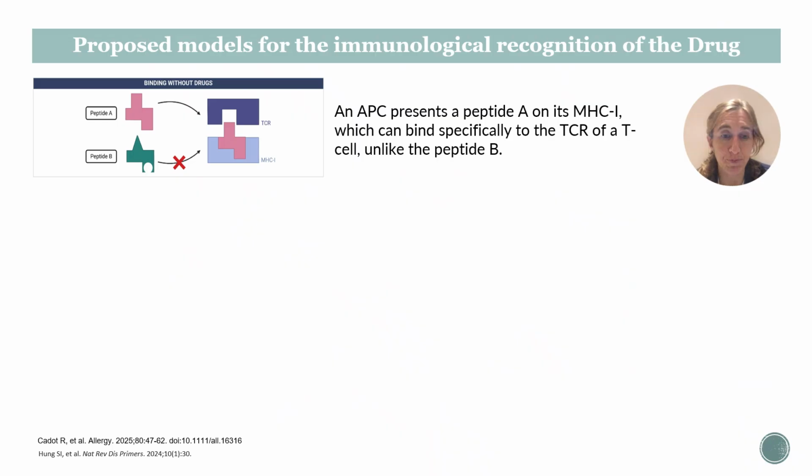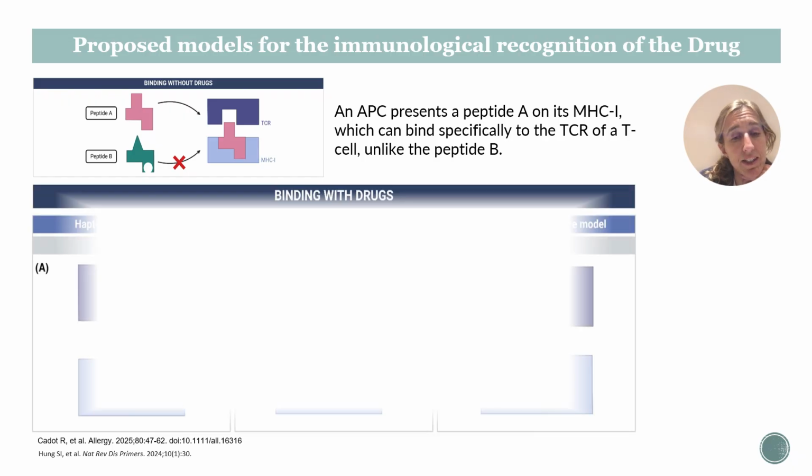So when a drug is added, we have different proposed models for the immunological recognition of the drug. Here we can see that the antigen presenting cell presents successfully a peptide A on its HLA, which can bind specifically to the TCR of T cells, which is not for the peptide B, right?